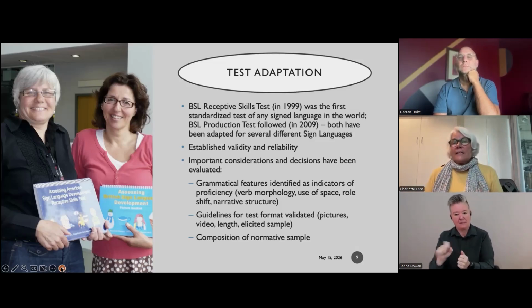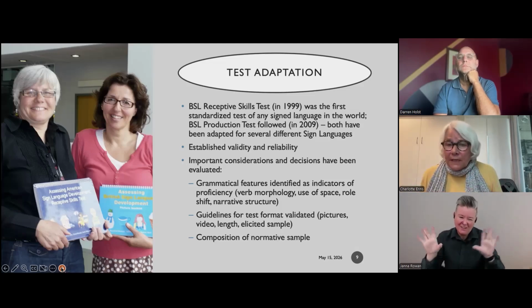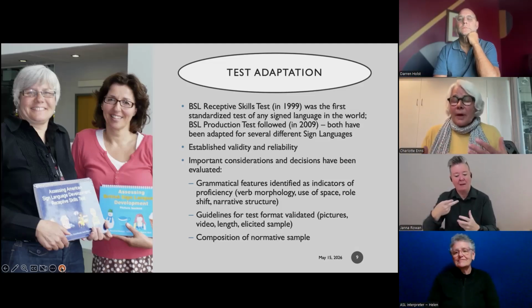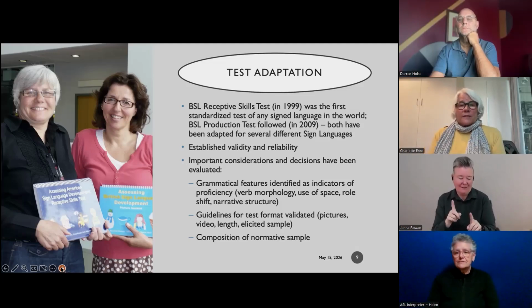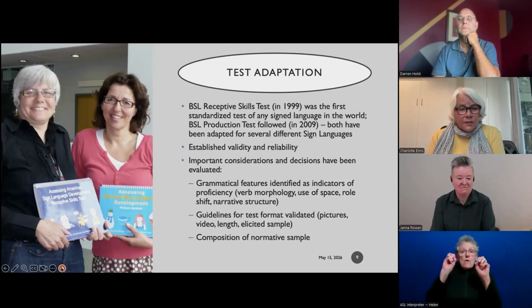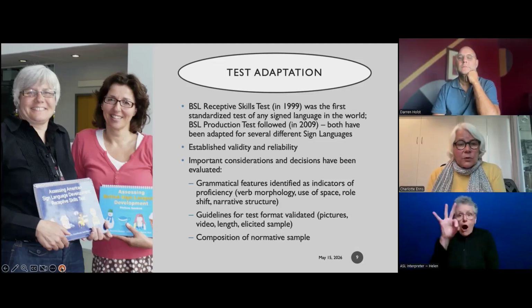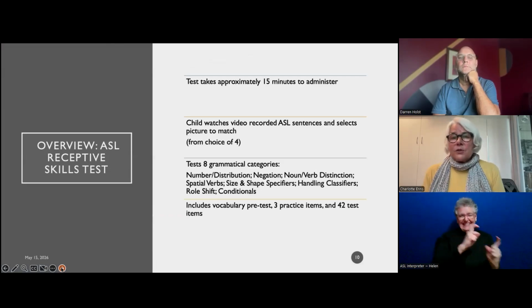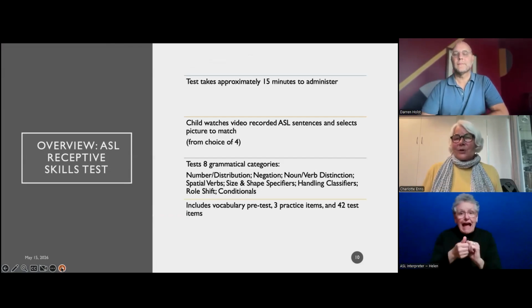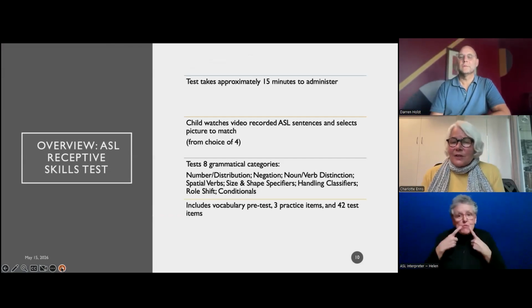We obviously had to redo the whole video and redo all the pictures to fit, and we did a lot of pilot testing, but essentially it has worked very well as an adaptation. Okay, now for the fun part, I'm going to hand it over to Darren to explain how the receptive skills test works and how you administer it.